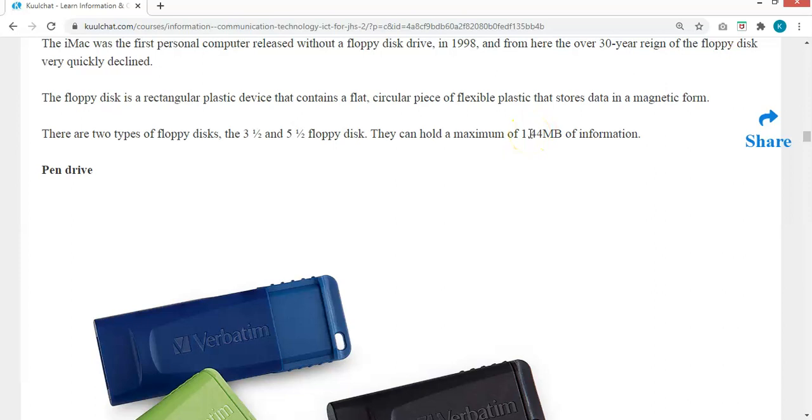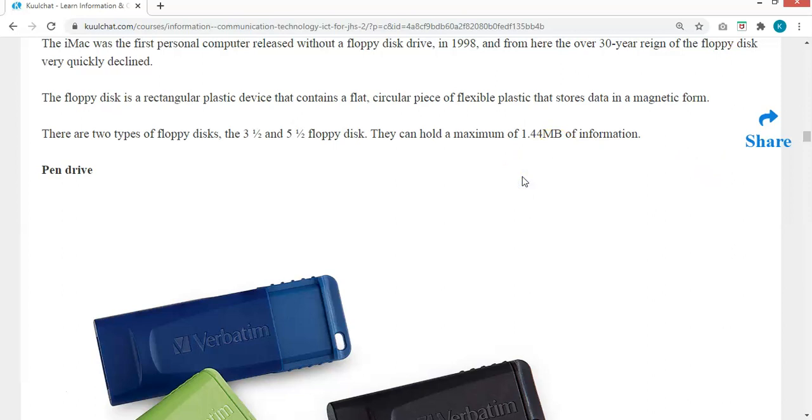It's just a few pieces of information you can store on it. Now there are two types of floppy disk. We have the 3.5 inch and the 5.5 floppy disk, and they can hold 1.44 megabytes of information. So the information they hold is very little.